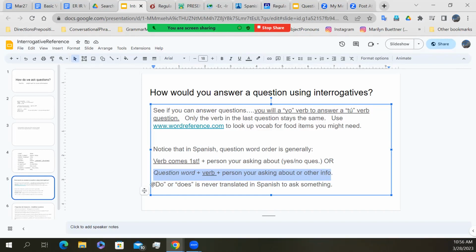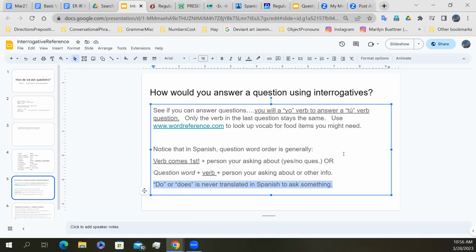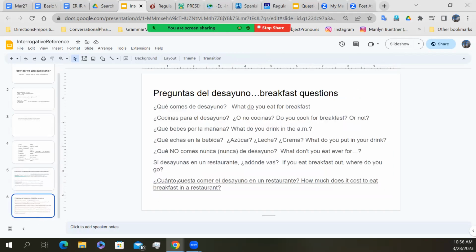In English, a lot of our questions get these words do or does as a question prompt. That word does not even get translated when we ask in Spanish, okay? So let's take a look at that.